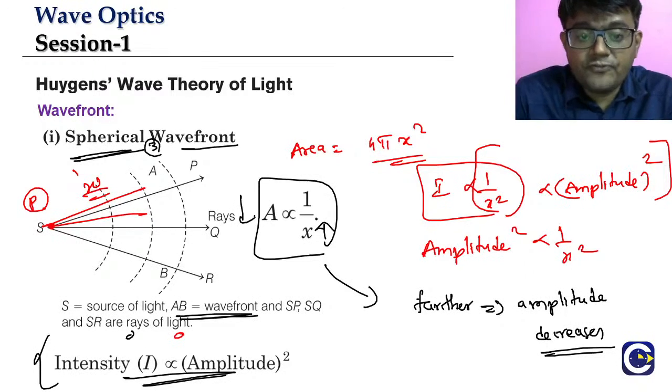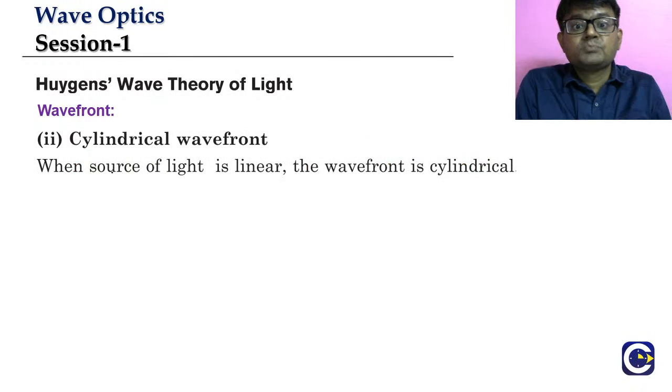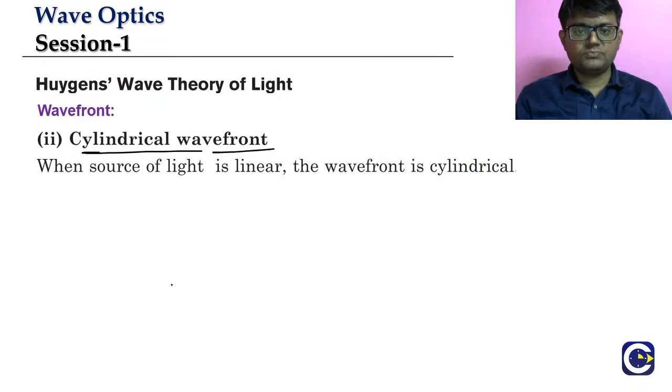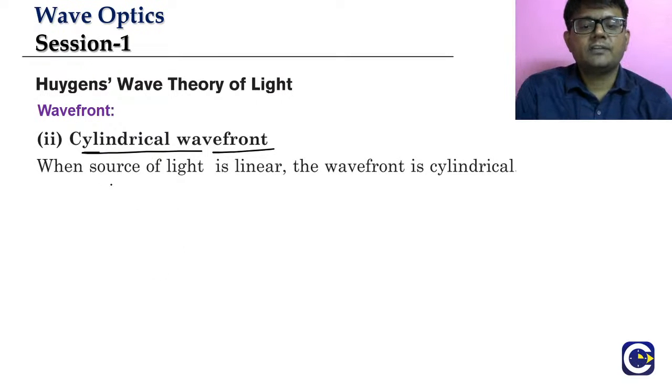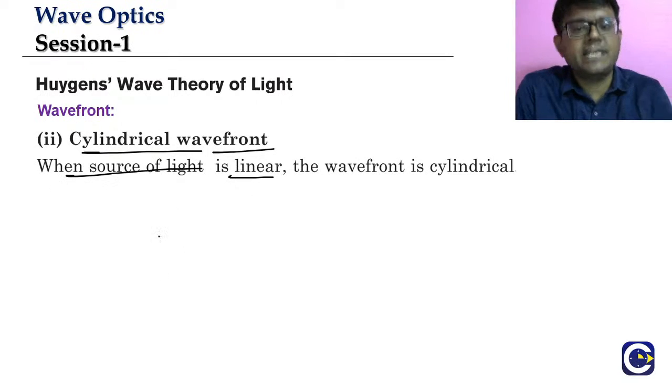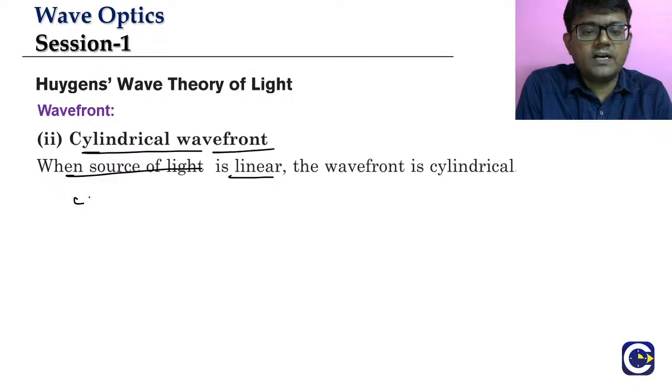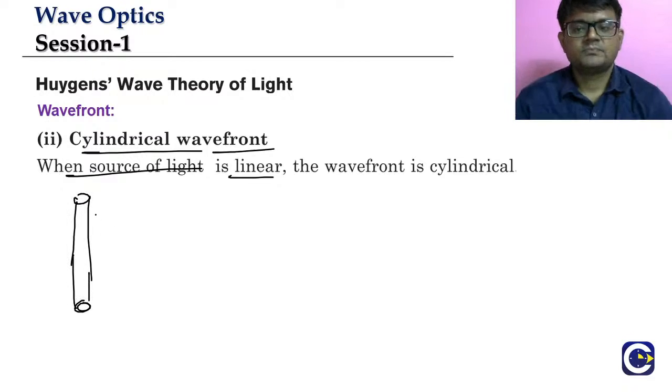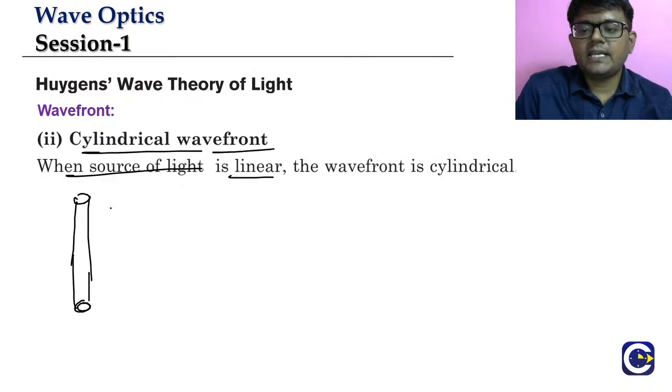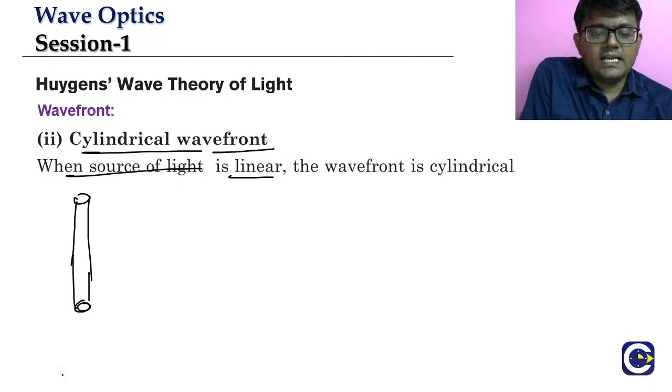The second type of wavefront is the cylindrical wavefront. We get a cylindrical wavefront when the source of light is linear, like a tube light.